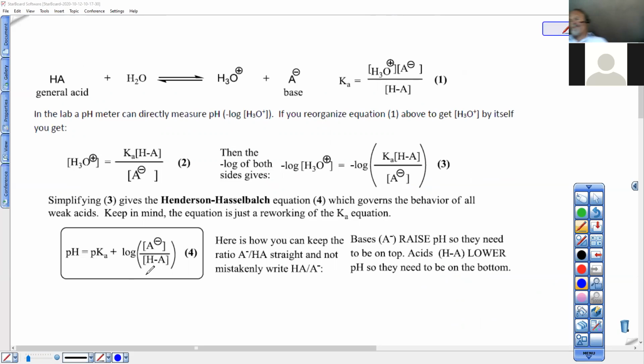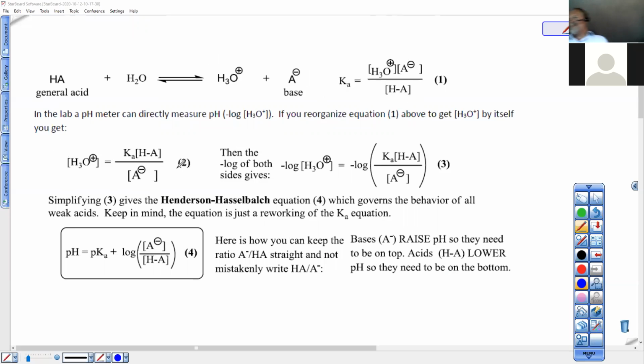For now, what's happening here is an acid is reacting with water. This is the Ka reaction to make hydronium and A-. There's Ka. You don't have to do any math for me in this class about reorganizing algebraic equations. I'm doing it for you here. Just tell me if I did something wrong, and I didn't. I've checked. I divided both sides by A- and multiplied both sides by HA, and I came up with this.